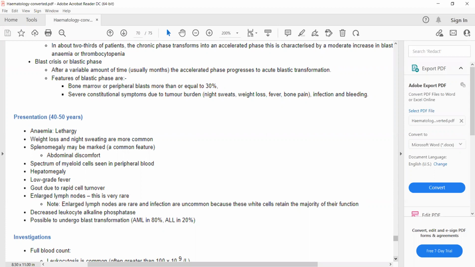One is CML, and the second is malaria. Malaria can also cause massive splenomegaly, but in malaria there will be a history of travel to Africa, and in CML there will be no such history. So massive splenomegaly in PLAB 1 will always be either CML or malaria.